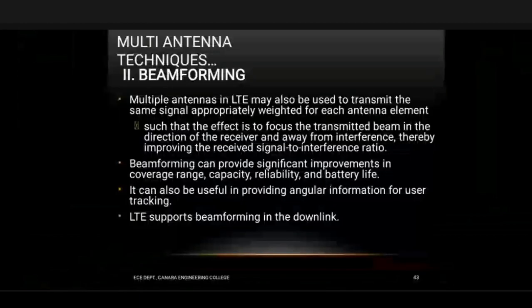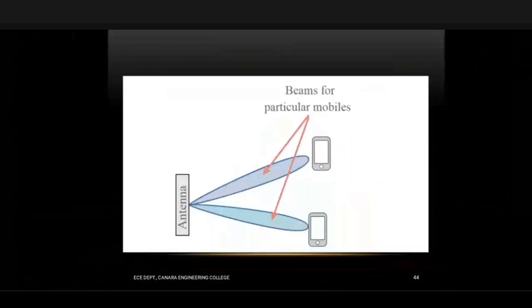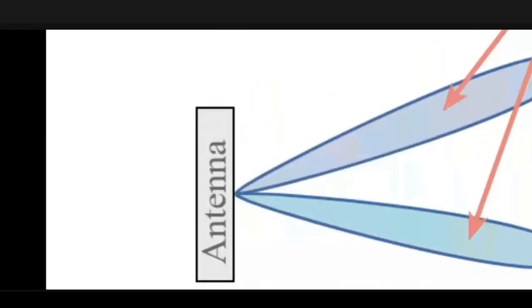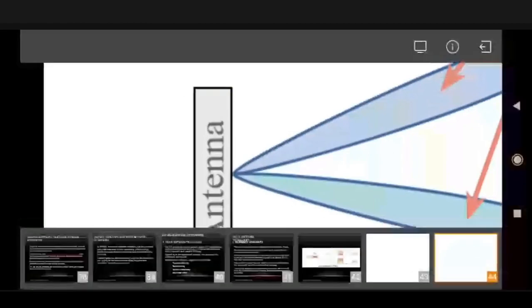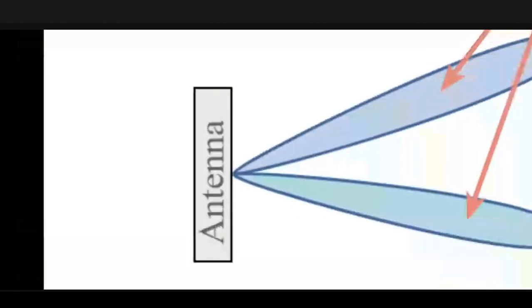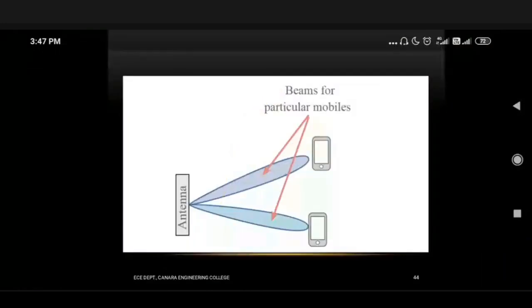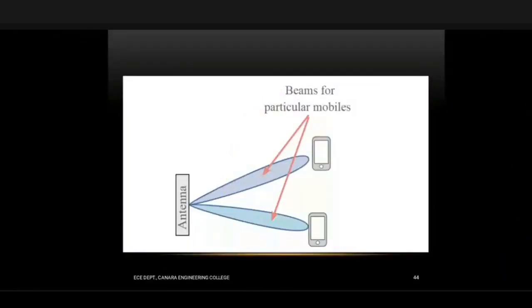Next one is beamforming. So here the idea is, I'll show. Antenna here means this is not a single antenna element. We will have n number of antenna elements, basically an array of antennas, and we just control the power given to each antenna to shape a beam in a particular direction.